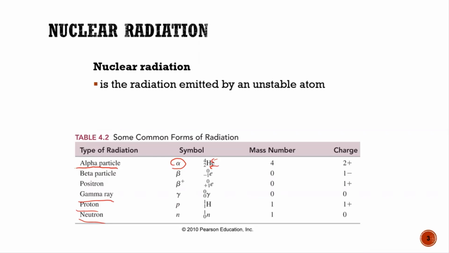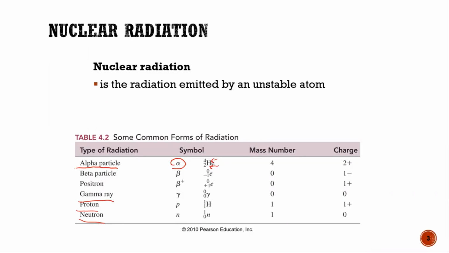When we discussed electromagnetic radiation, gamma rays were the most energetic because they had the smallest wavelengths. These are sometimes seen shooting out on their own from an unstable nucleus, or sometimes a gamma ray accompanies a beta particle emission as well.